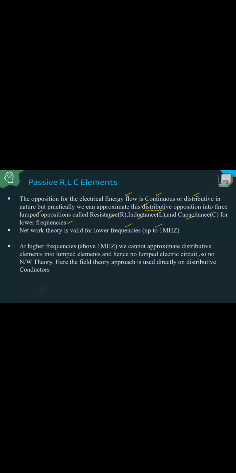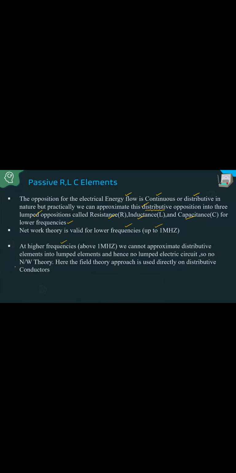But at higher frequencies, we can't approximate distributive as lumped elements. Later we'll see what exactly lumped elements and distributive elements are. Up to 1 megahertz only, we approximate the distributive as lumped nature. That's the reason why circuit theory is valid only for lower frequencies, maximum up to 1 megahertz.